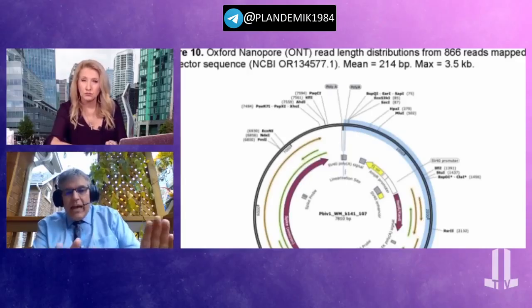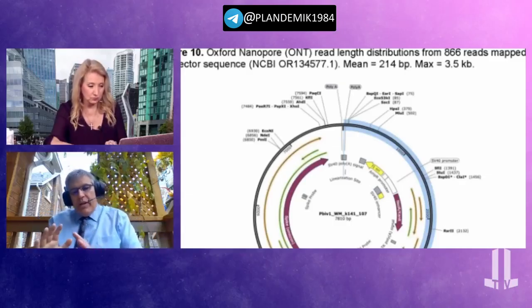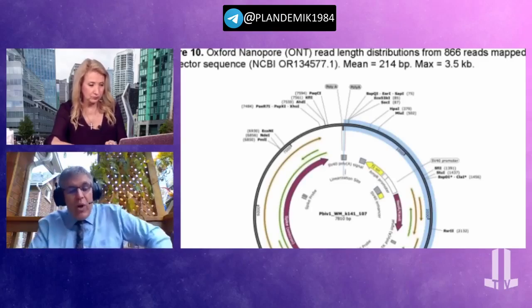And that SV40 enhancer was not there. It was not disclosed. And what's interesting also is there's a second very large fragment. We've been focusing publicly on the SV40 promoter, but there's a second very large genetic sequence in there as well that has not been disclosed.